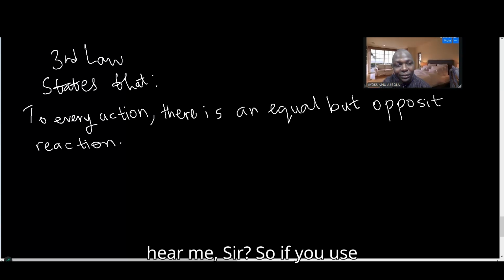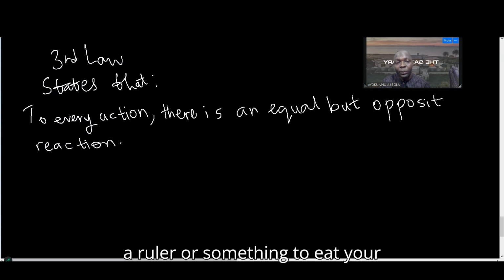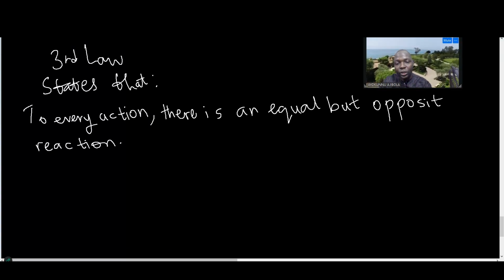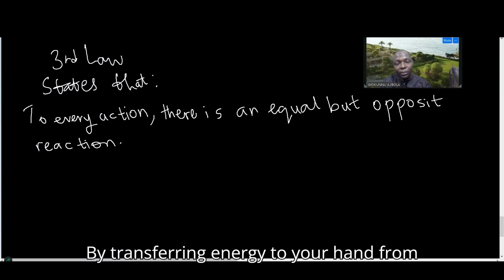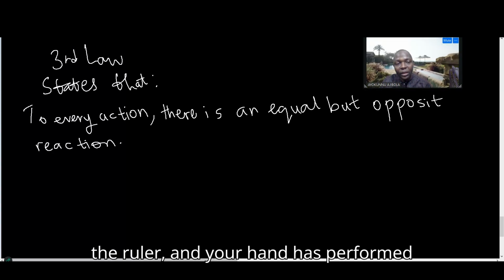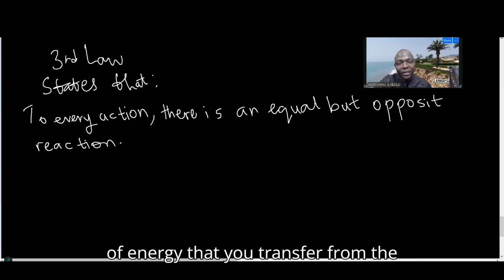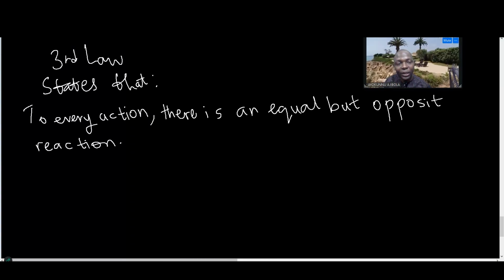So if you use a ruler or something to hit your hand, you have performed an action by transferring energy to your hand from the ruler. And your hand has performed an action by receiving the same amount of energy that you transferred from the ruler.